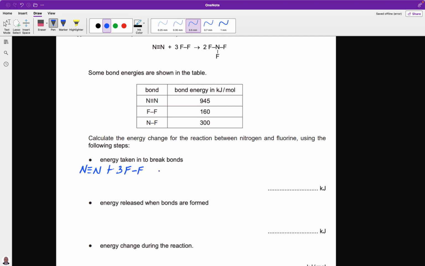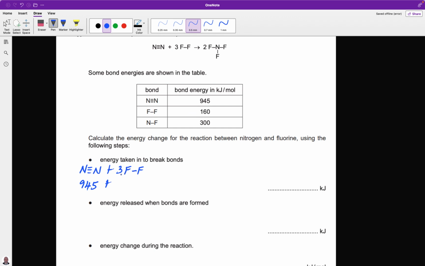So in this case, the bond energy for the nitrogen molecule, three bonds, is 945 kilojoule per mole. So here is 945 plus fluorine is 160 times 3.